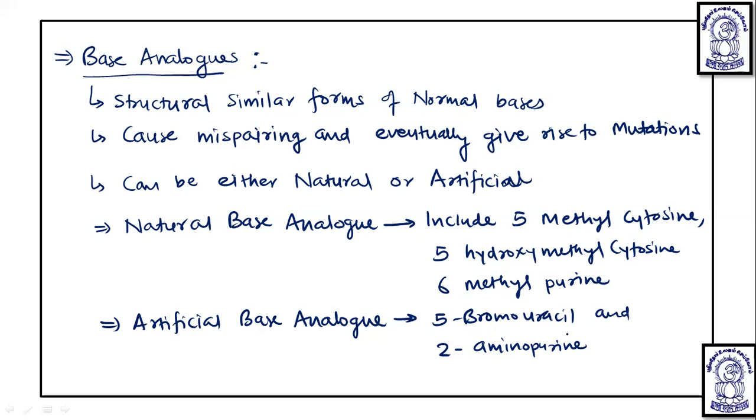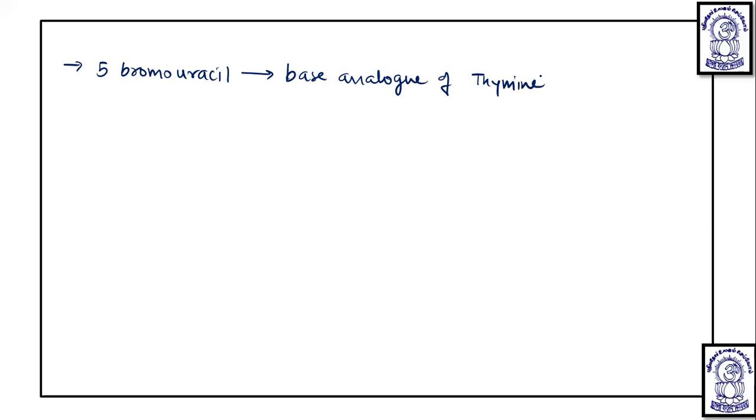So now if we talk about these two artificial base analogs, you will come to know that this 5-bromouracil is a base analog of thymine, meaning it gets incorporated in newly replicated DNA in place of thymine.